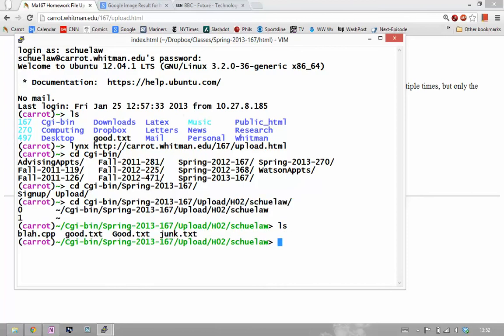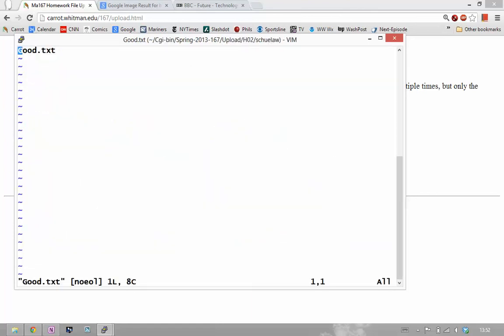So there it is, good.txt, and if I look inside of it, and I have no idea why this is happening either, the file name is in there, which is not in any way what you want. So just be aware of that as you move forward.